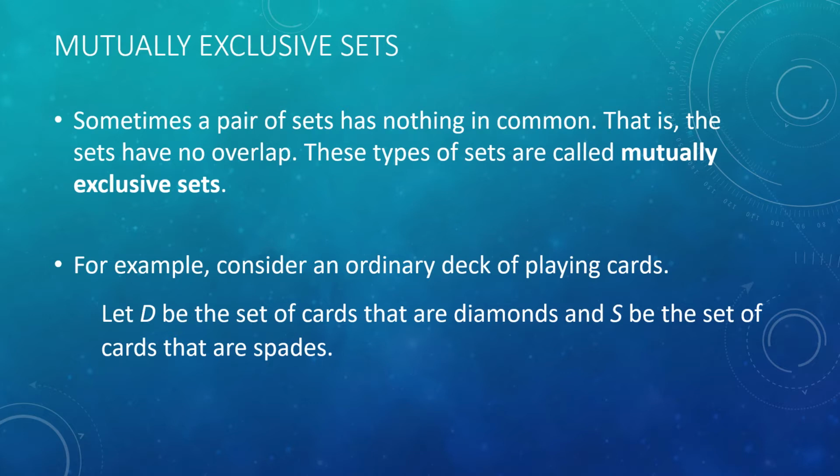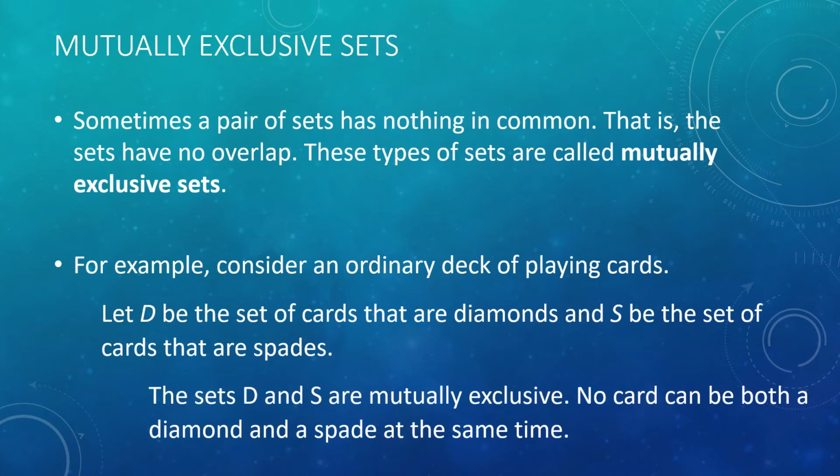It's pretty easy to see that these two sets are going to have nothing in common. A card cannot be a diamond and a spade at the same time. So these sets are mutually exclusive. This is a really easy example.